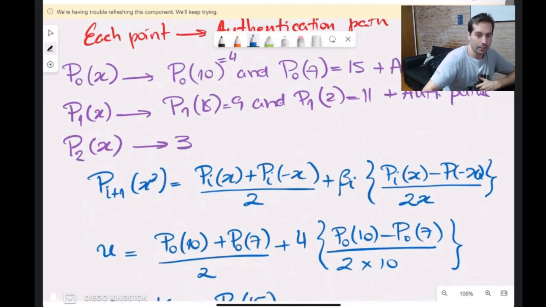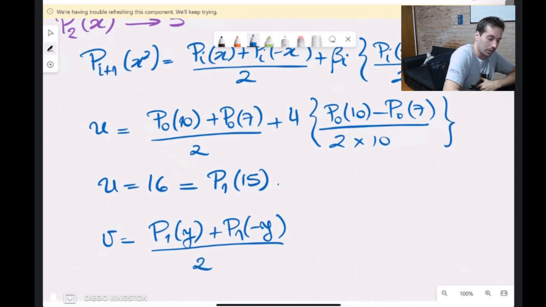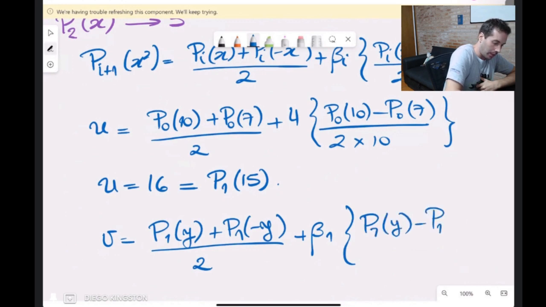So now we can go again and calculate B, which is simply (P1 of y plus P1 at minus y) divided by 2, plus beta_1 times (P1 of y minus P1 at minus y) divided by 2y.